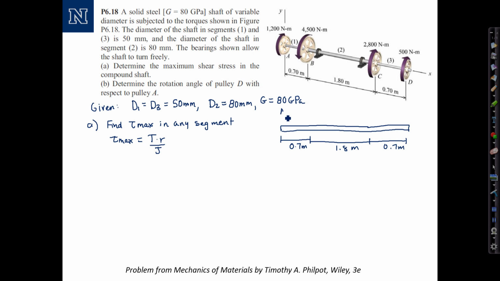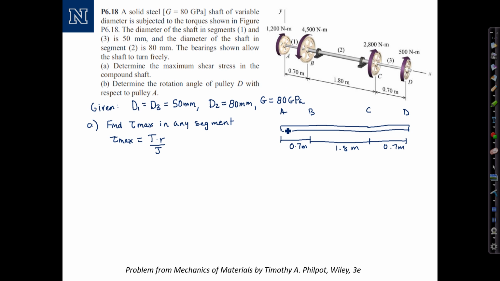This is point A, B, C, D. I have a torque of 1200 Newton meters applied at point A. When looking at the direction of this torque with reference to some fixed point, it's going to cause segment 1 to rotate according to the right-hand rule.